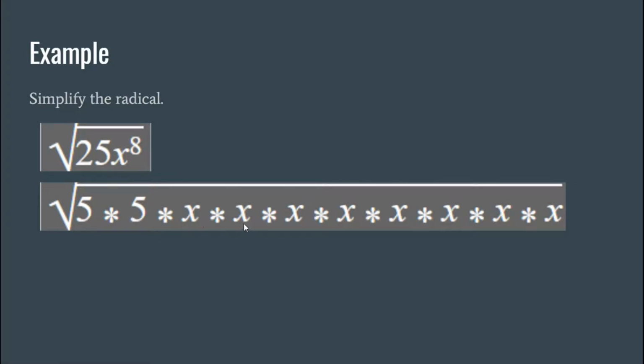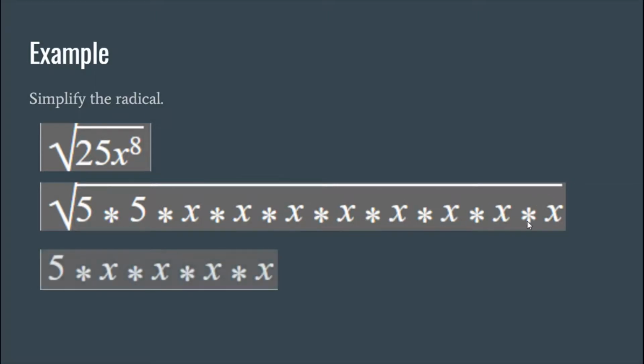I got 2 x's, I can take 1 x out, another x out, another x out, and another x out. Okay, so it looks something like this. Since I got 2 5s under the radical symbol, I need 2 of the same thing to take 1 out. So I can take 1 5 out. Now I can take out 4 individual x's because I got 4 pairs of x's. And now all I gotta do is simplify.